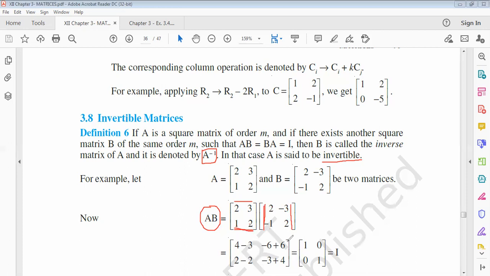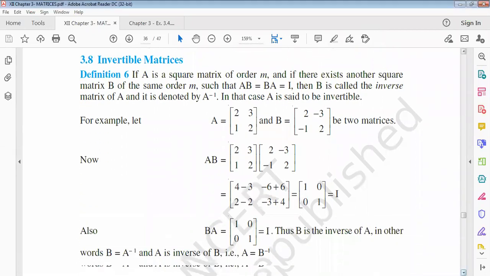After calculating these values, we found that the elements of the matrix are 1, 0, and 0, 1, which is an identity matrix. So in this case, we can say A is the inverse of B, or B is the inverse of A. Both matrices are inverses of each other.